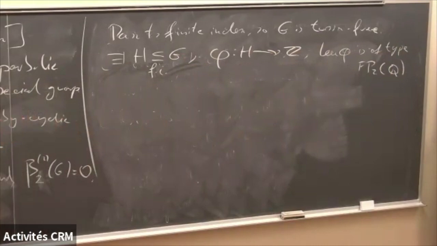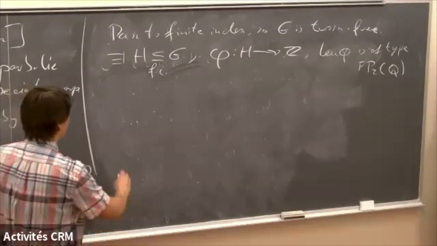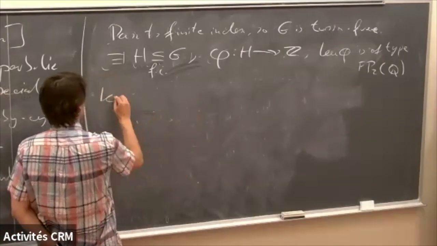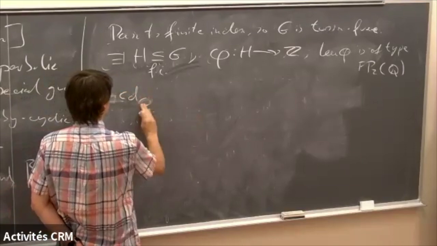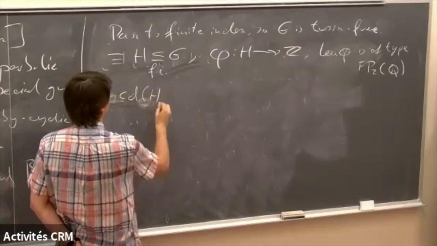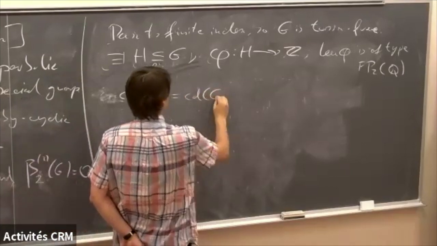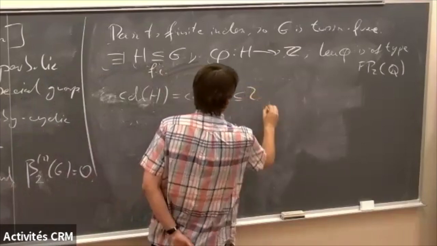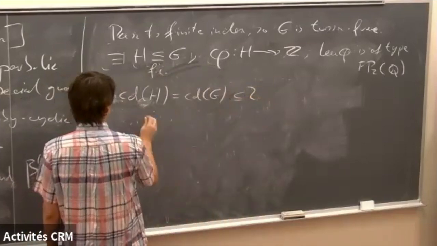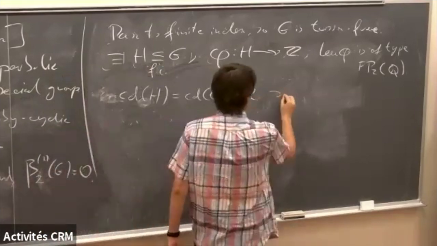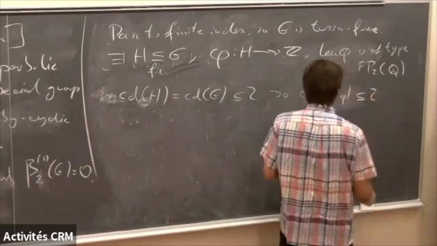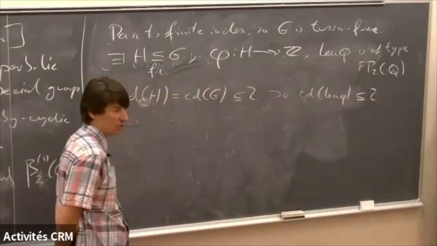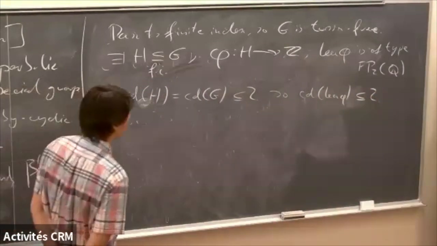And what we want is a free kernel. So how are we going to massage this into a free kernel? Let's observe the following thing. The homological dimension of H is the same as the homological dimension of Q, which is 2. And this implies that the homological dimension of the kernel of phi is bounded above by 2 as well, since subgroups can never have higher homological dimension.